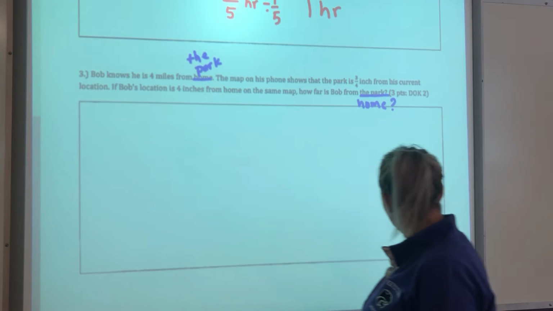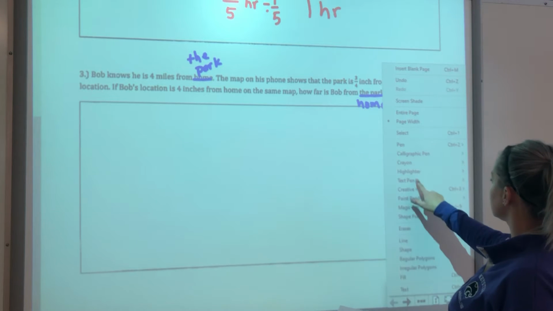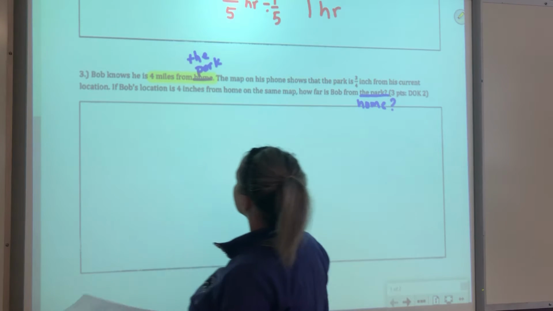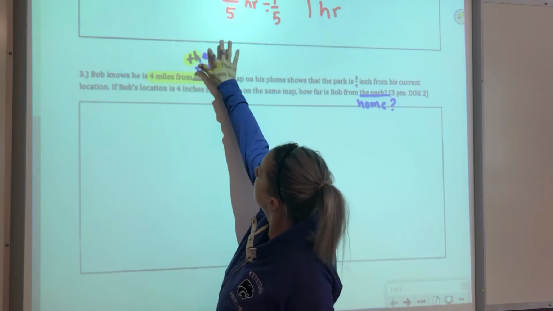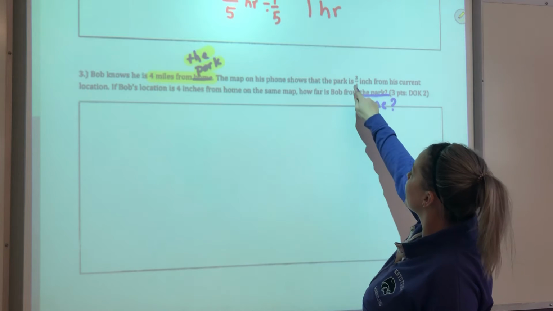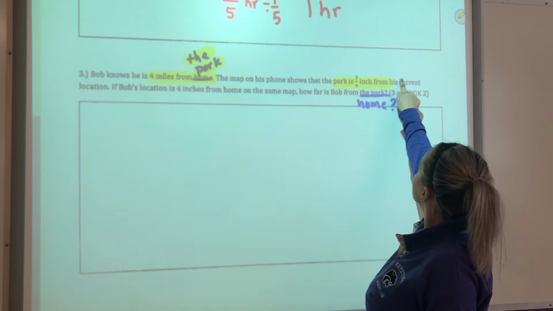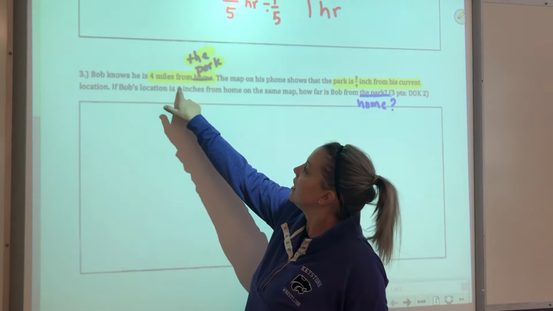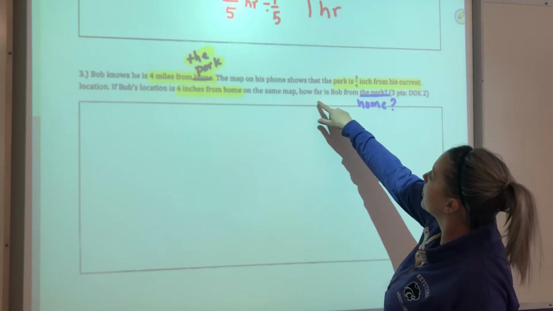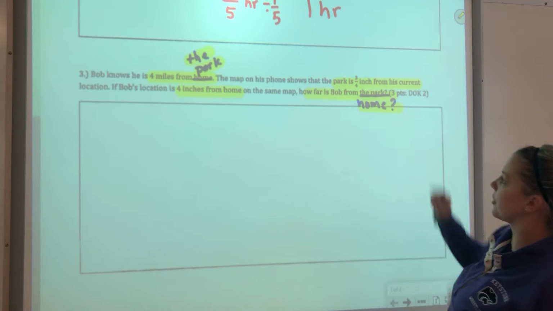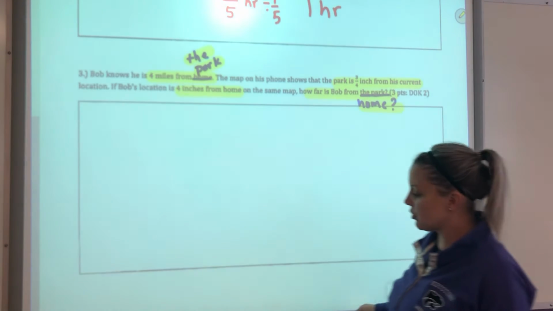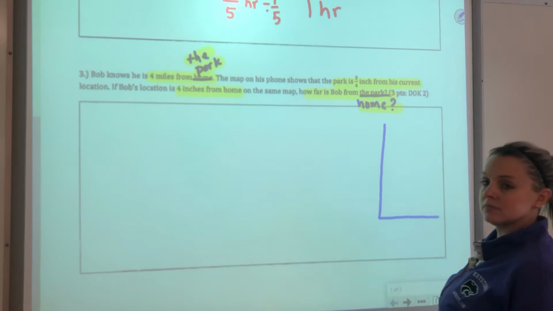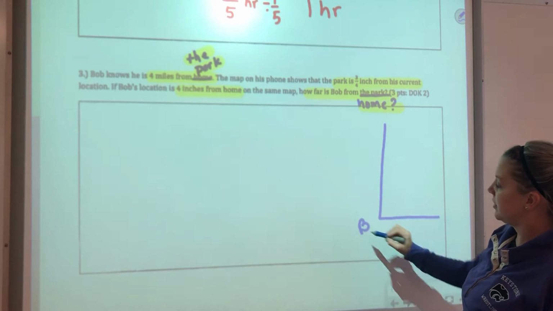Some important information that we need to recognize in this problem is that Bob is 4 miles from the park. And on the map, the park is 3/4 of an inch from his current location. He's 4 inches from home, and we want to know how far he actually is from home. So what I do is I draw myself a map. I put Bob in the middle.